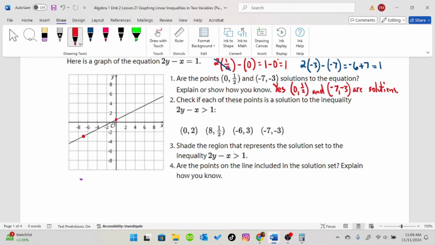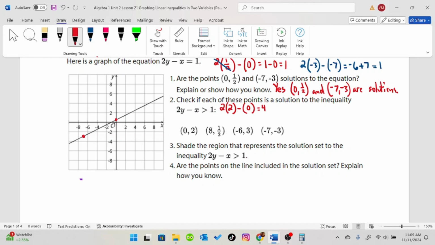Now, number 2, check if each of these points is a solution to the inequality 2y minus x is greater than 1. So let's try some of these. We would have 2 times y, which is 2, minus x, which is 0. 2 times 2 is 4.